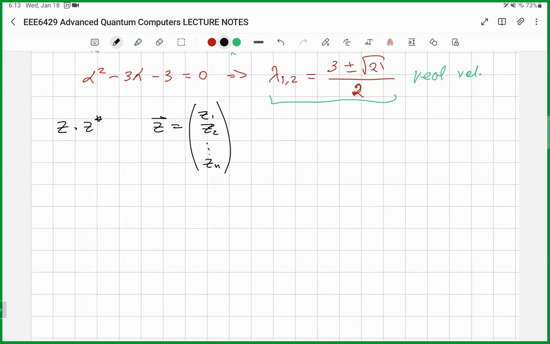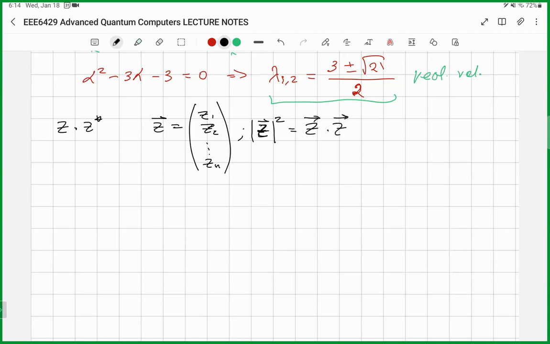And when I take the product of z by z, to find the length of the vector squared, the modulus of z squared, I have to write something like z times z.